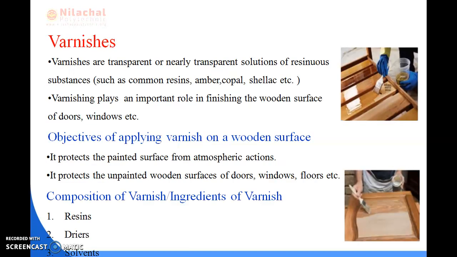Now we'll be discussing varnishes. You can see here the images of varnishes. The man is painting the wood with the help of a varnish.